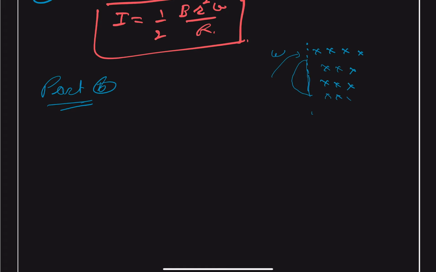So this is our region 1 and we have region 2. As the loop starts to rotate, the area, or we can say the magnetic flux passing through the loop, is going to increase continuously.